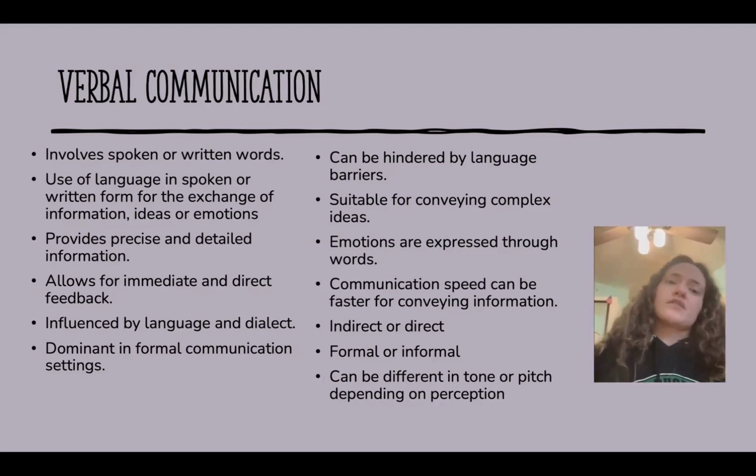So, how you say things, when you say things, whether you're using formal or informal speech. Sometimes there can be language barriers amongst people, and verbal communication also is a way to express emotion, and you're waiting for that immediate feedback from the other person.